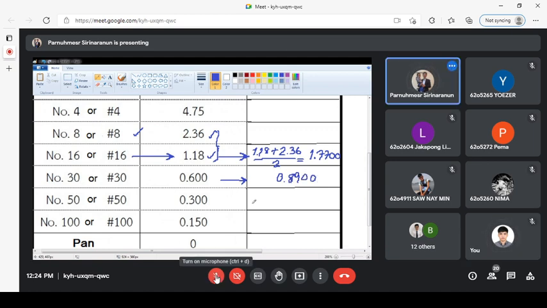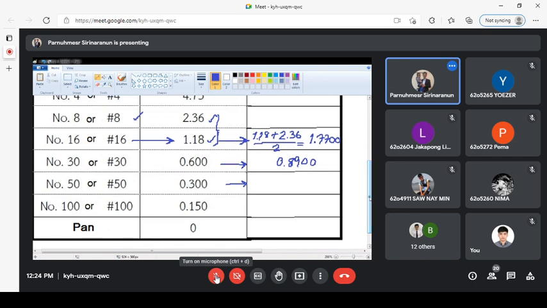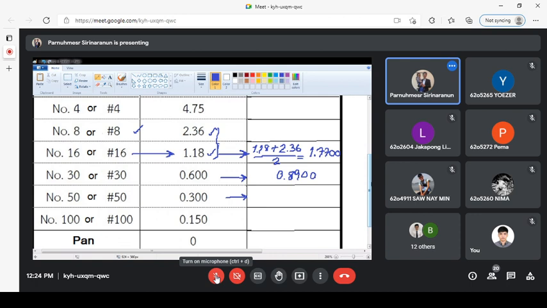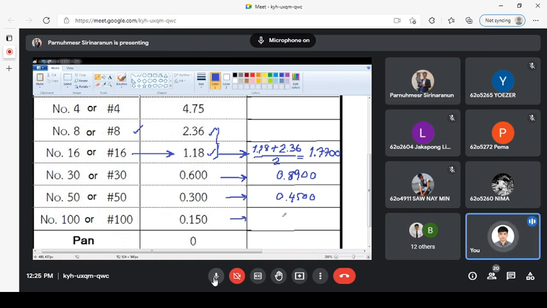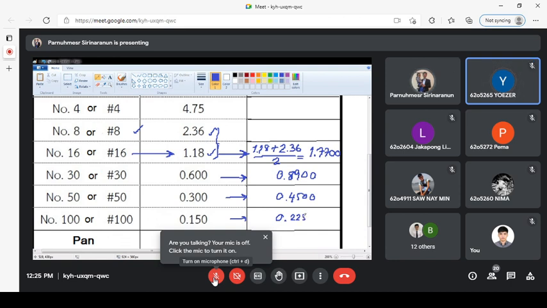Okay. And next, number 50. It's 0.4500. Okay. Next. 0.225. Point what? 0.2250. Yes.